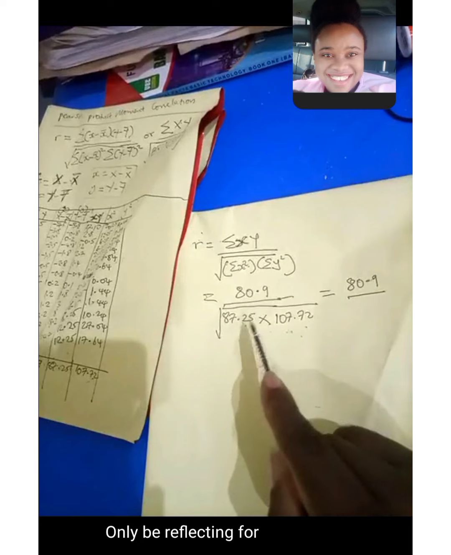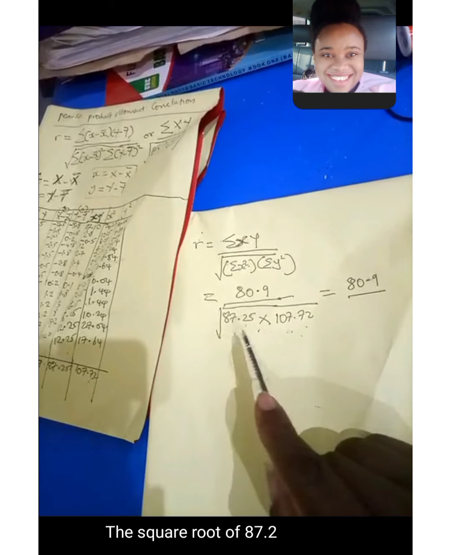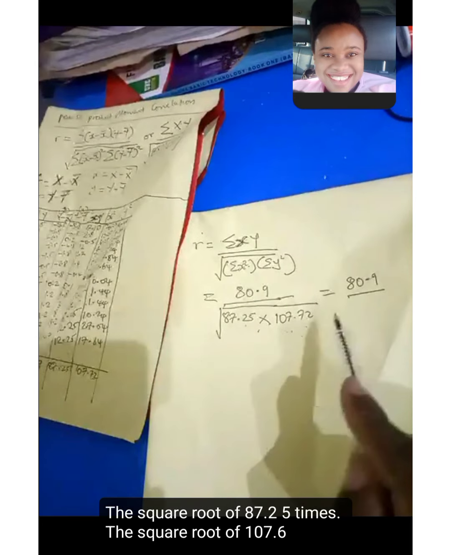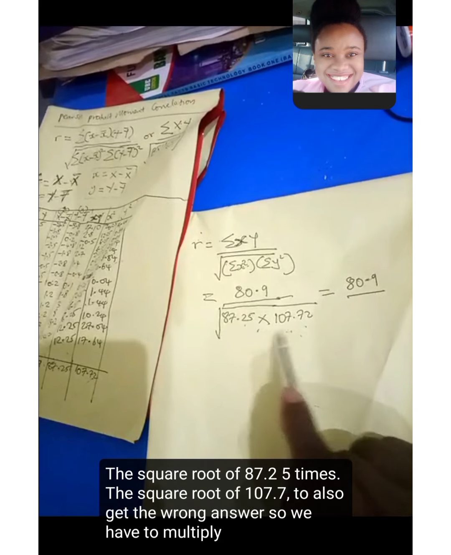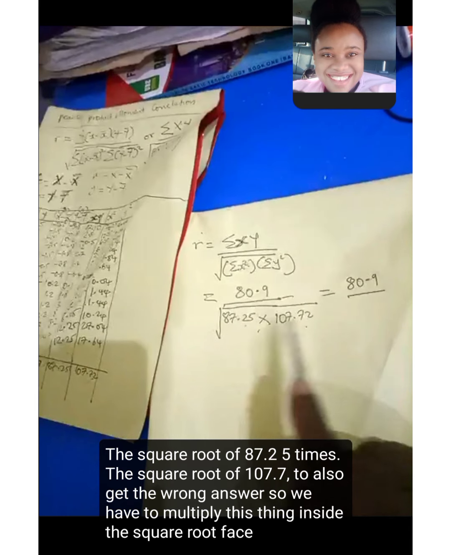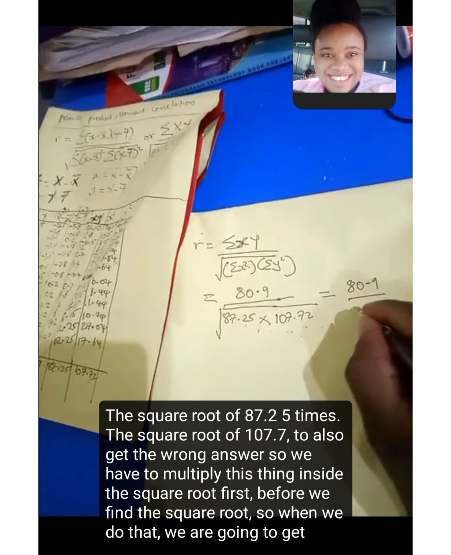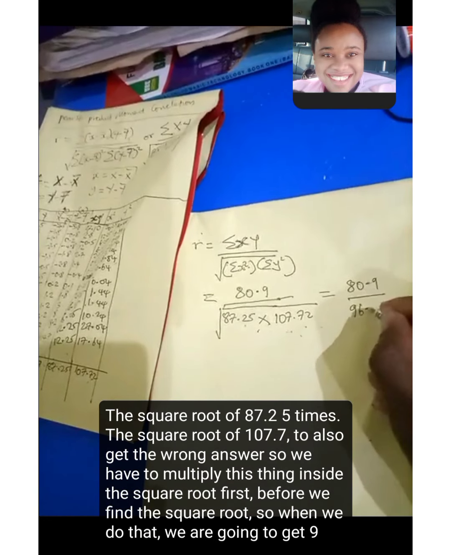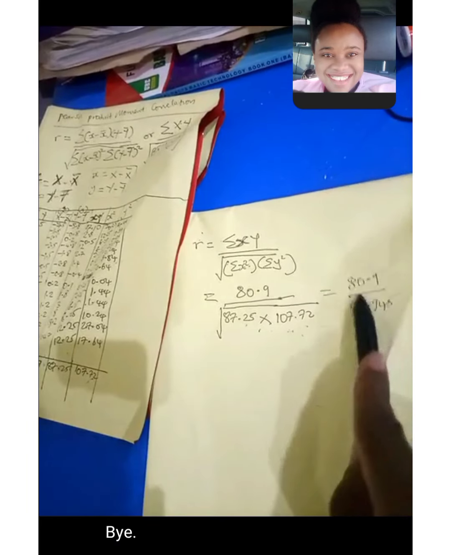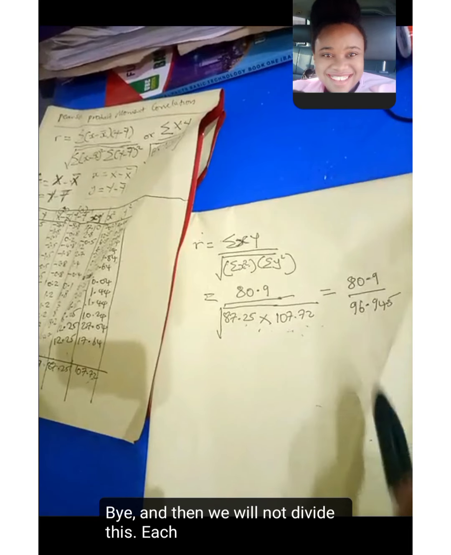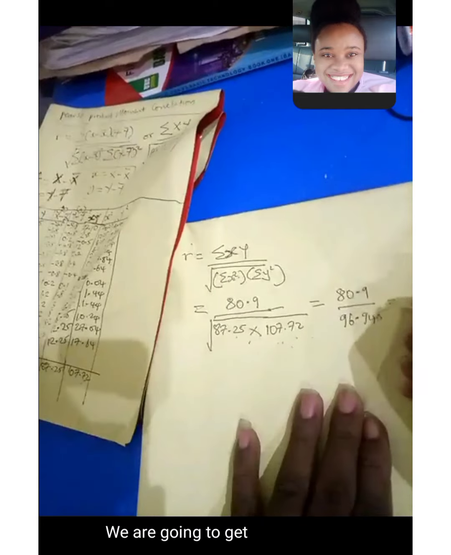If we put the square root of 87.25 times the square root of 107.72, we'll also get the wrong answer. So we have to multiply what is inside the square root first. When we do that, we get 96.945. Then when we divide 80.9 by 96.945, we get 0.83.